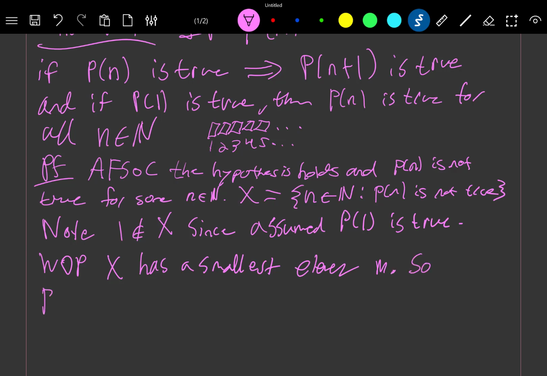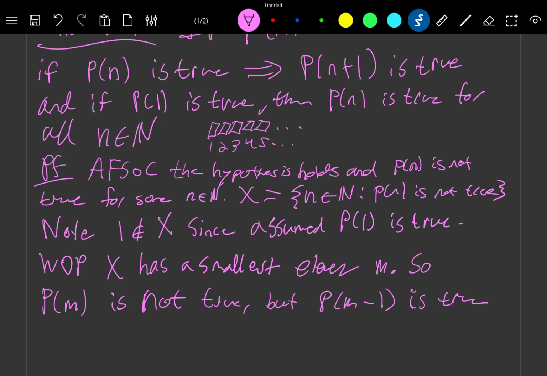So P of m is not true, but P of m minus 1 is true, since we assumed m to be the smallest element, and m minus 1 is an integer, and since we know 1 is not in X, we know m minus 1 is greater than or equal to 1.